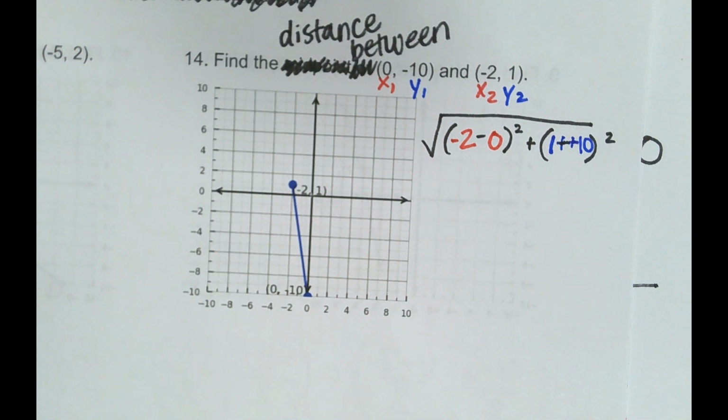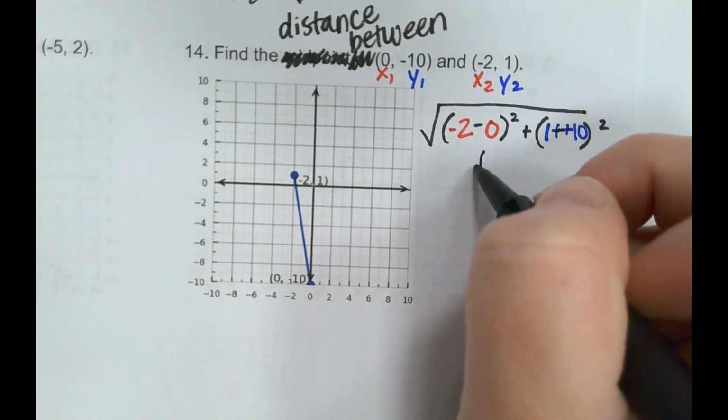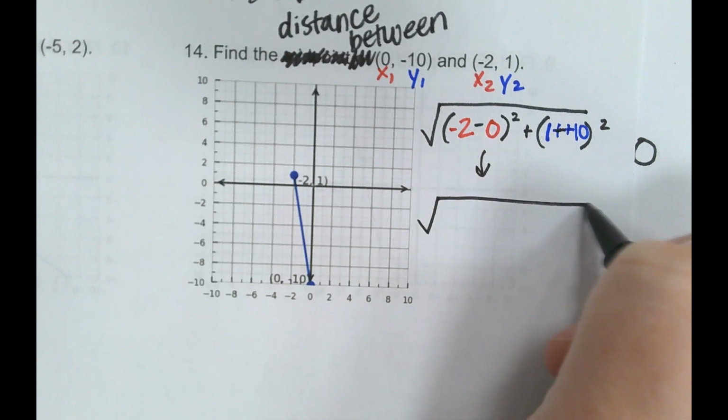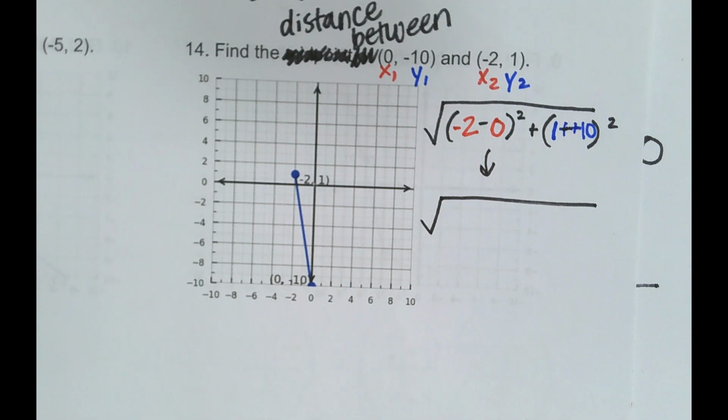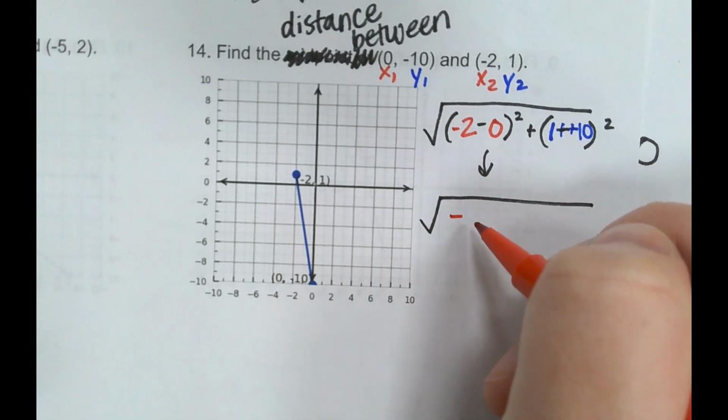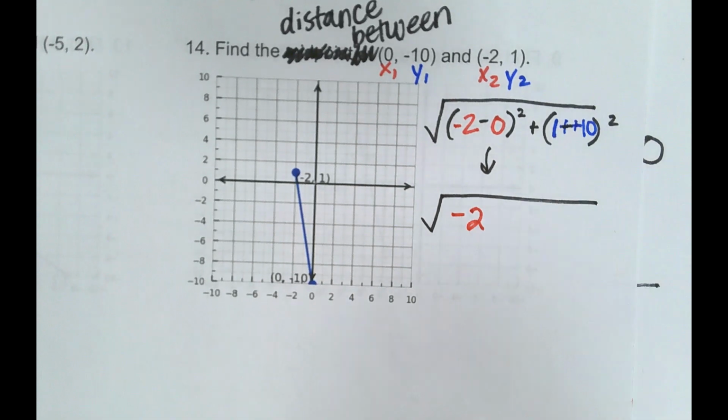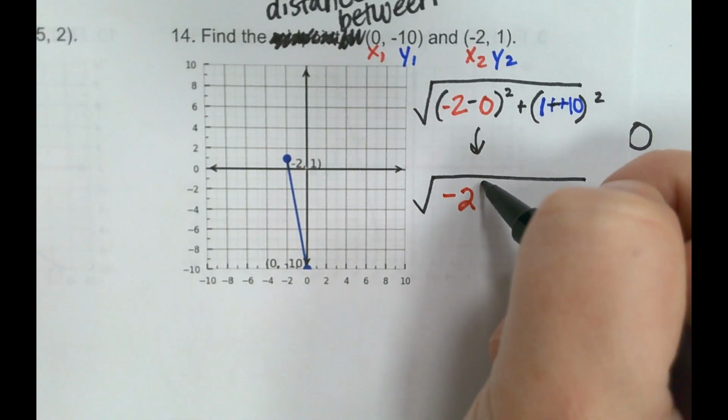Okay, so now let's go one step further. What's -2 minus 0? -2, and it's still squared.